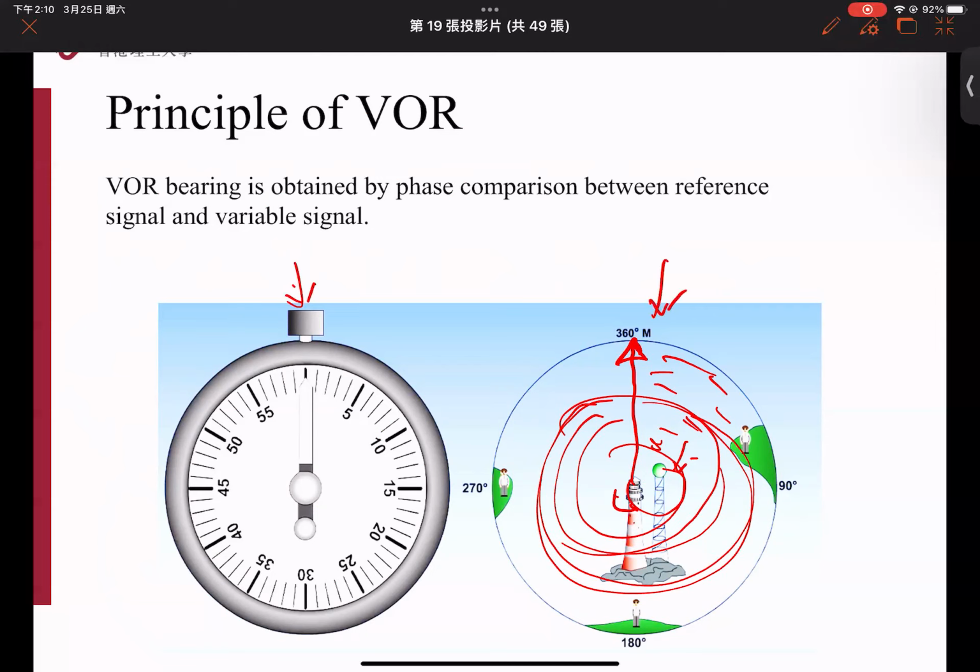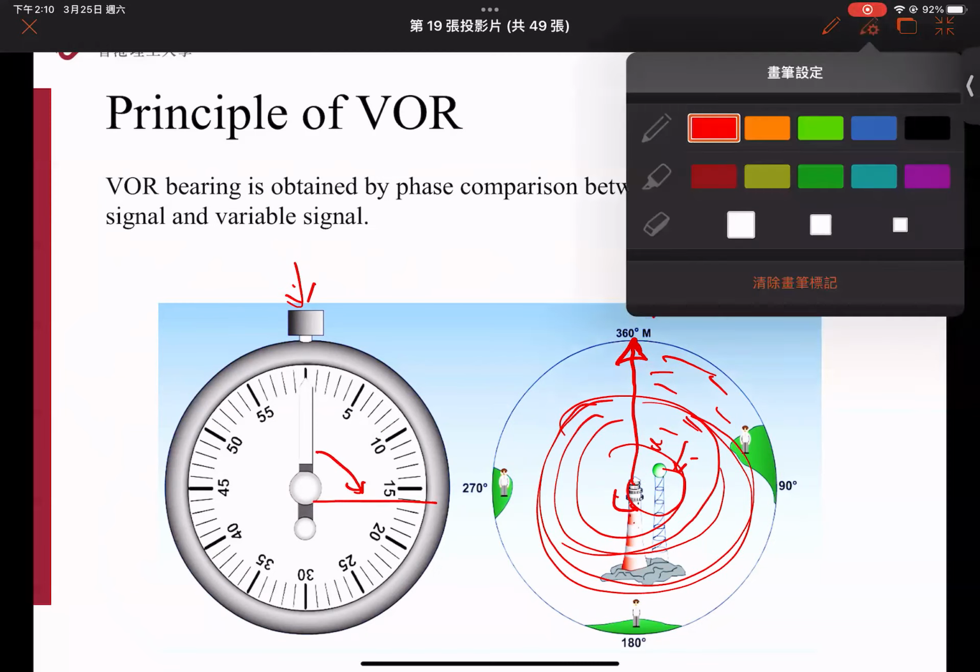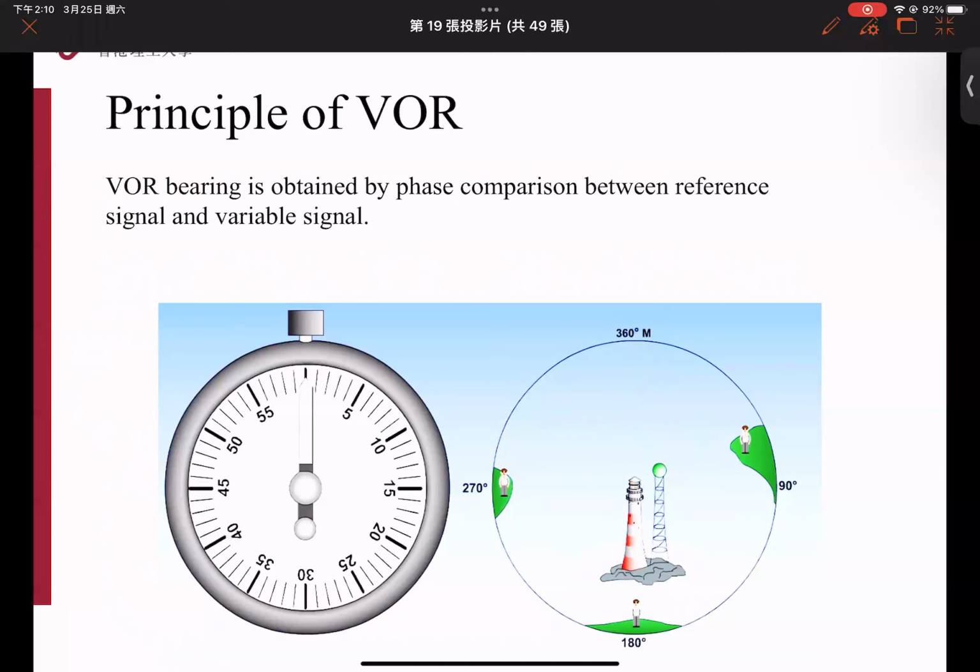If the signals have a certain period of time difference, for example, if you're pointing to here, the reference has already emitted the signal, and it's already been received by this guy in here. And later we need to wait for this turning signal.